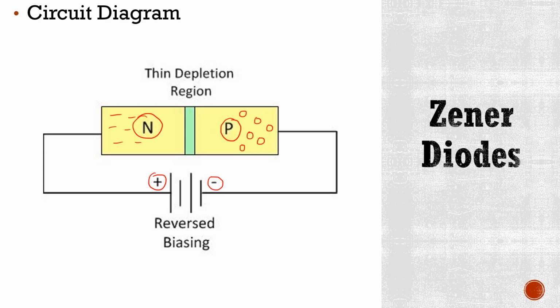It means electrons from this region are attracted towards this positive terminal of the battery and holes from this region are attracted towards the negative terminal of the battery.